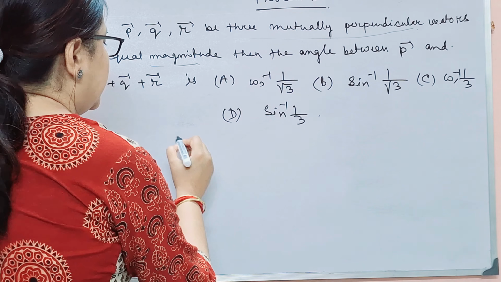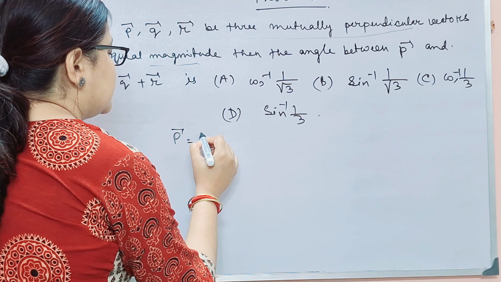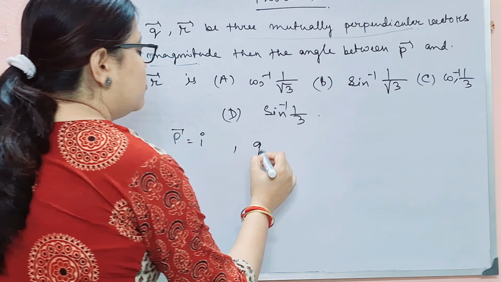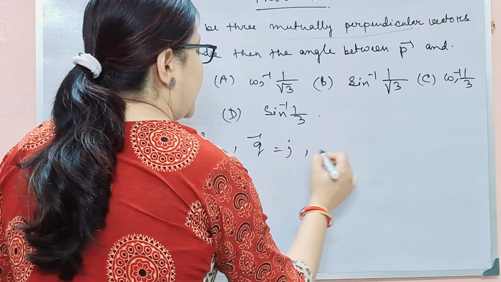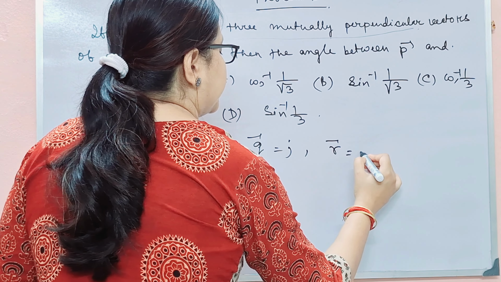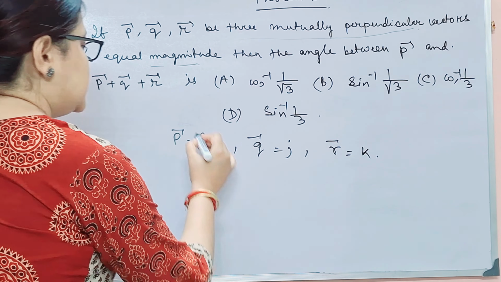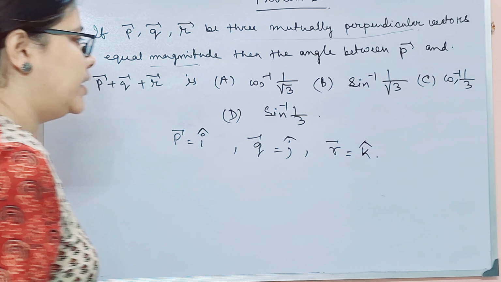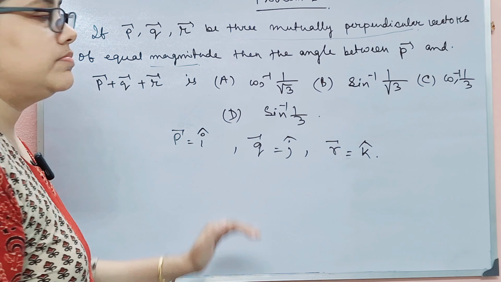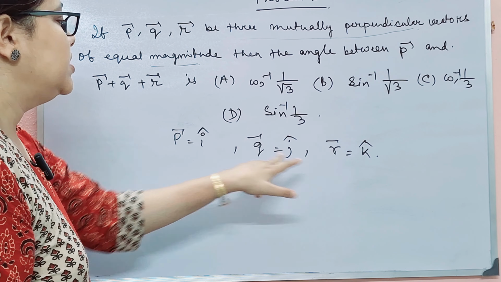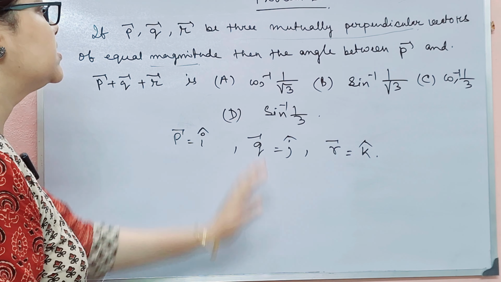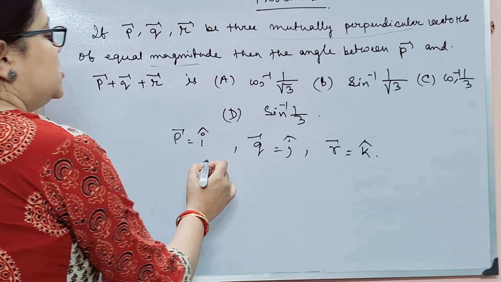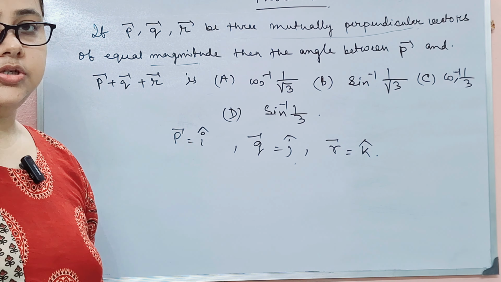So I am putting P as i, Q as j and R as k, that is unit vector i, unit vector j and unit vector k. So this condition holds because these are three mutually perpendicular vectors and also these vectors have equal magnitude.